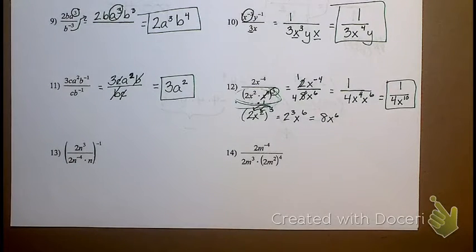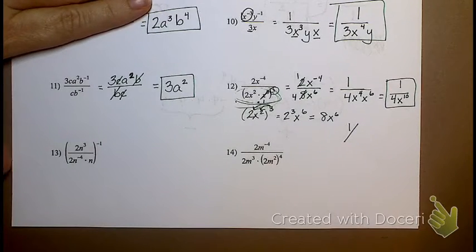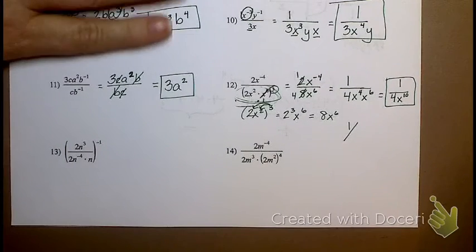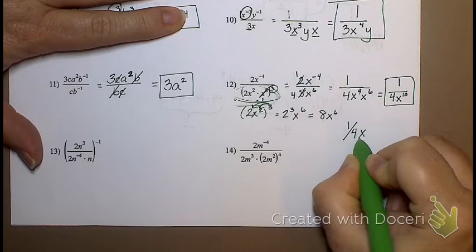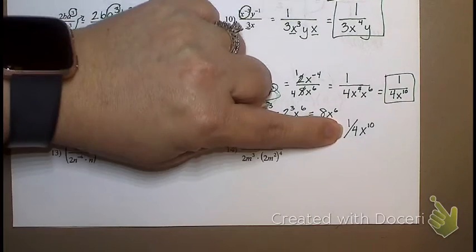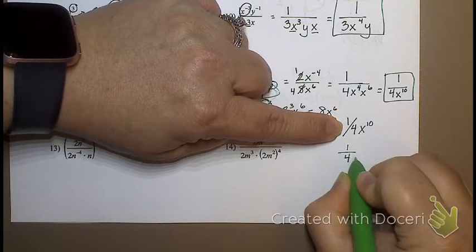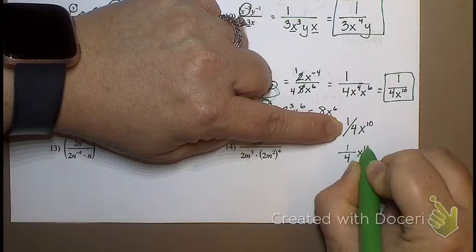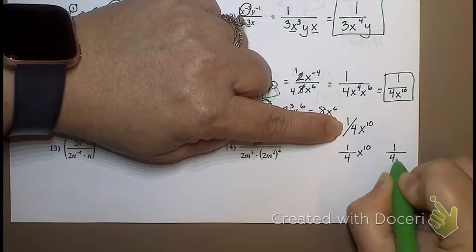I don't know if now is a good time to mention, but I absolutely cannot stand when people use this fraction bar when we're doing problems like this. And let me explain to you why. Because when you have an answer like this, there is absolutely nothing that tells me whether this is 1/4 x to the 10th or whether this is 1 over 4x to the 10th.